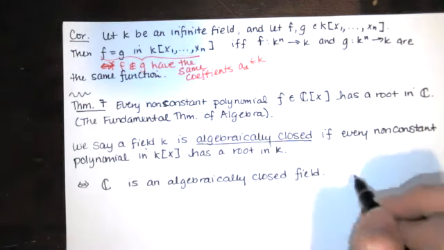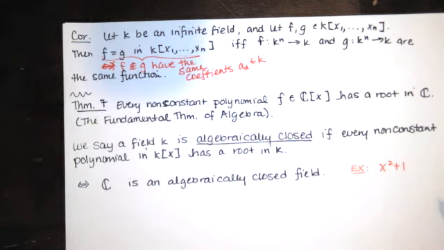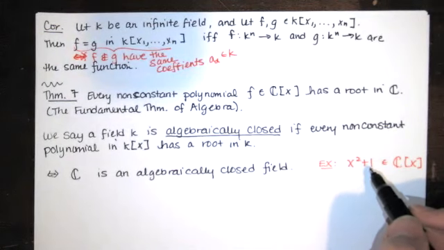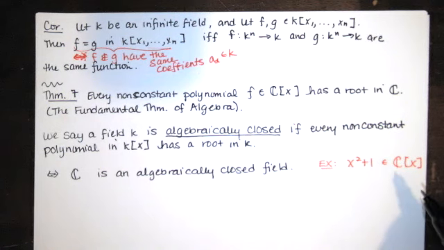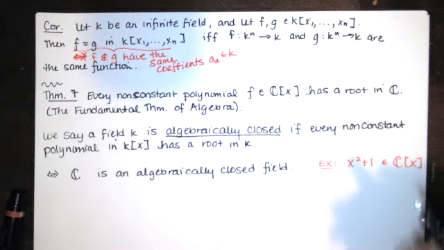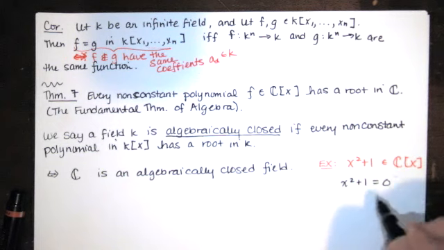So just as an example, x squared plus 1, that's a polynomial. We can think of that as a polynomial with coefficients in the set of complex numbers. The constant coefficient is 1, the coefficient of x to the first is 0, the coefficient of x squared is 1, and then there are infinitely many coefficients that are all equal to 0 for all the higher powers of x, if you want to look at it that way. But this has a root in C. When we say that C is an algebraically closed field, we're saying that this can be solved in the complex number system.